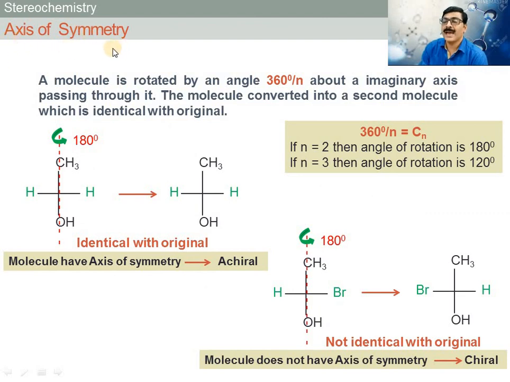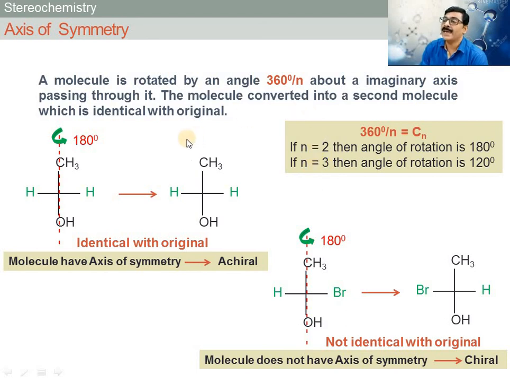What is called as axis of symmetry? If a molecule is rotated by angle 360 degree by n, now 360 degree by n is called as alternate axis of symmetry, and it is represented by using Cn, where n is the angle of rotation.